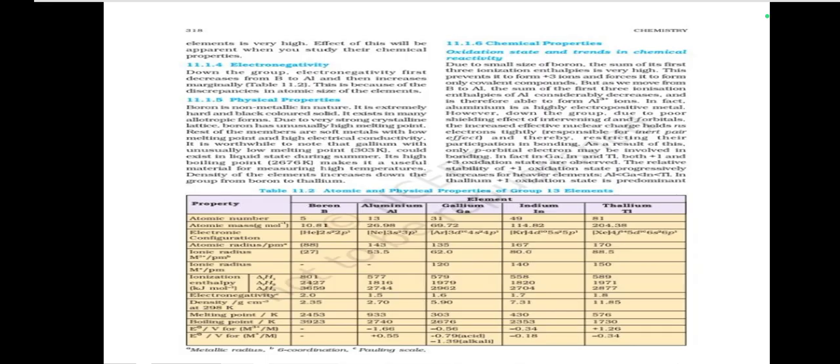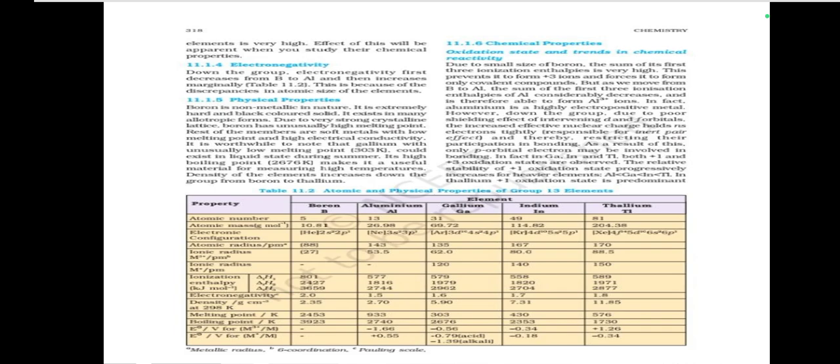It exists in many allotropic forms due to very strong crystalline lattice. Boron has an unusually high melting point. The rest of the members are soft metals with low melting point and high electrical conductivity.